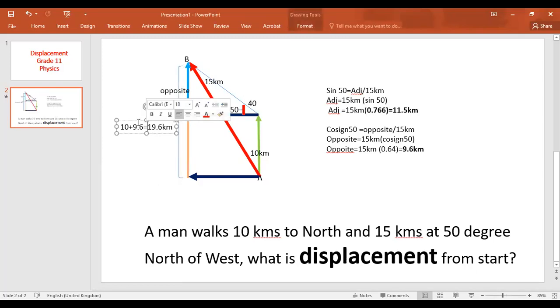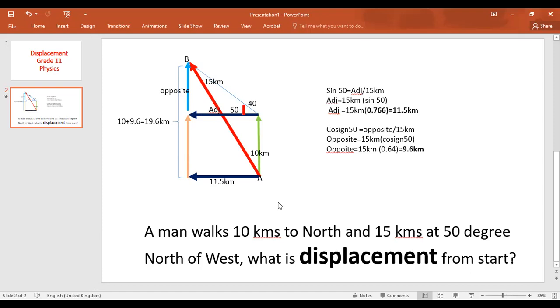So the total distance between the x-axis and point B is 19.6 kilometers. And we know the adjacent is 11.5 kilometers, right?